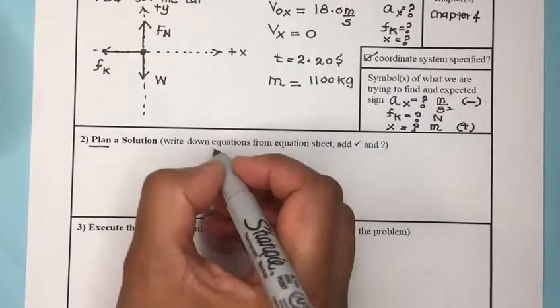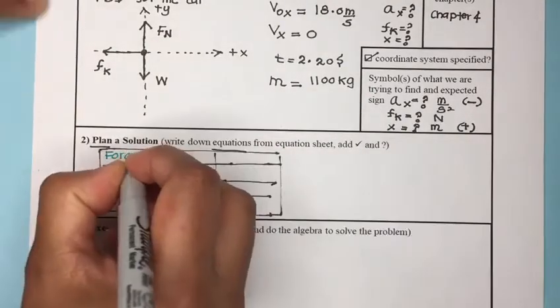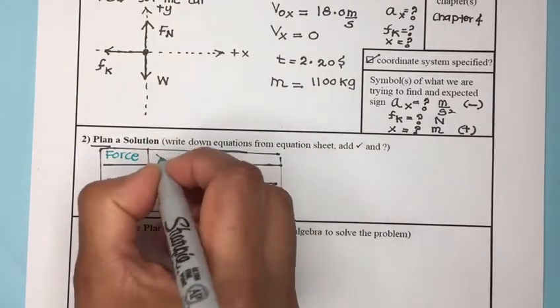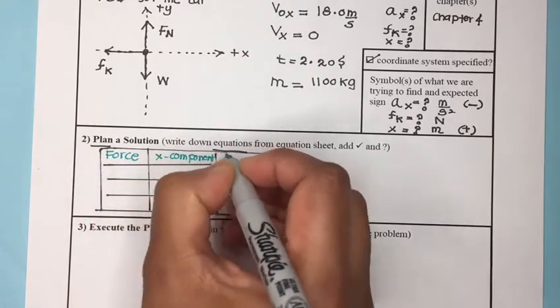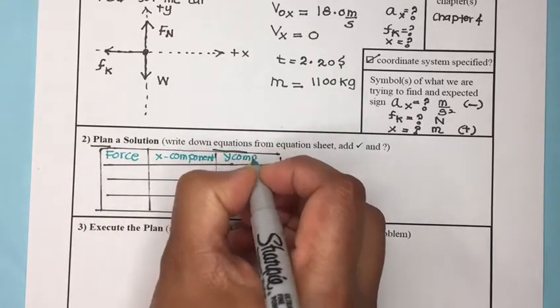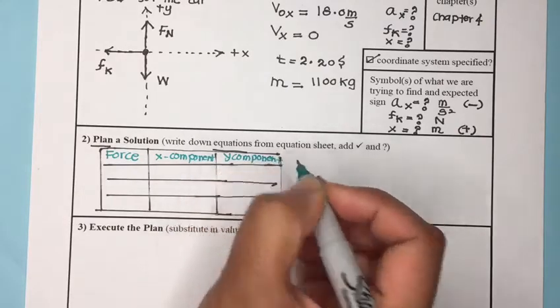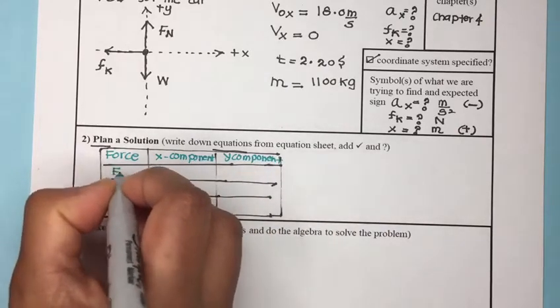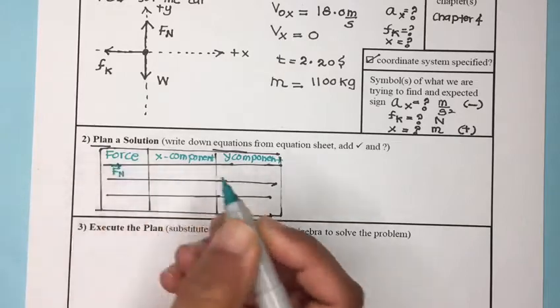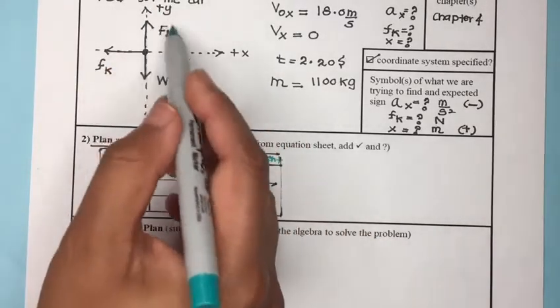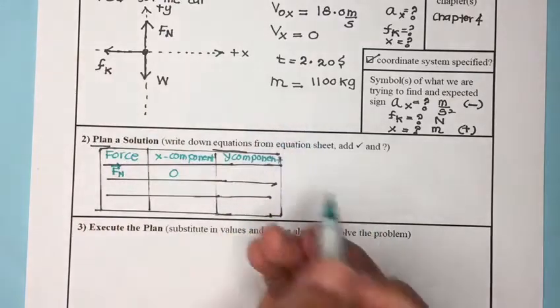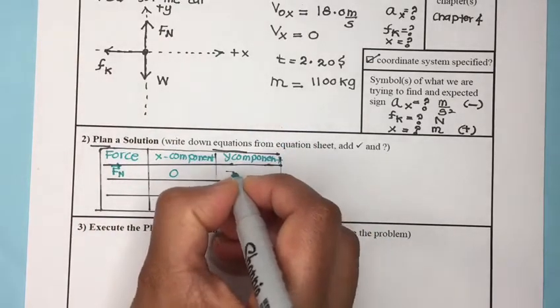When we plan a solution, I'm going to make a chart to identify each force and then the x and y component of each force. The first force is the normal force, and the x component of the normal force is 0 because it's acting in the y direction, and it's positive because it's acting up.